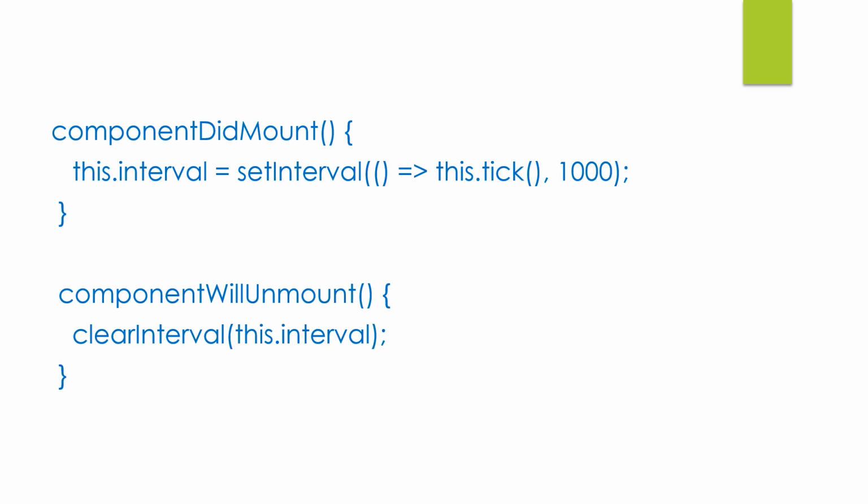Whenever you call this Timer component, this interval will be incremented. Another method that we are going to define is componentWillUnmount. Whenever you want to clear the interval, then we can call this componentWillUnmount method, and the interval variable value will be reset.